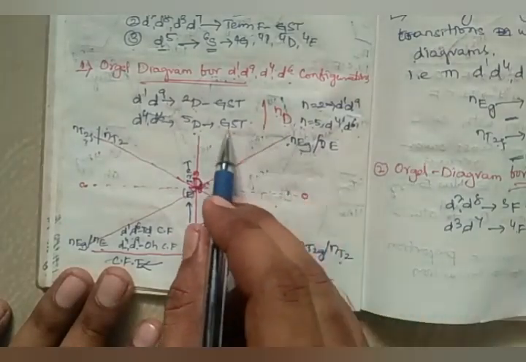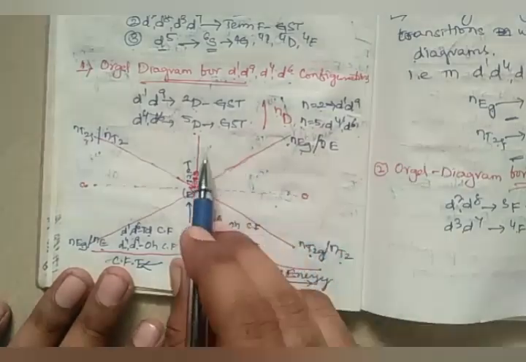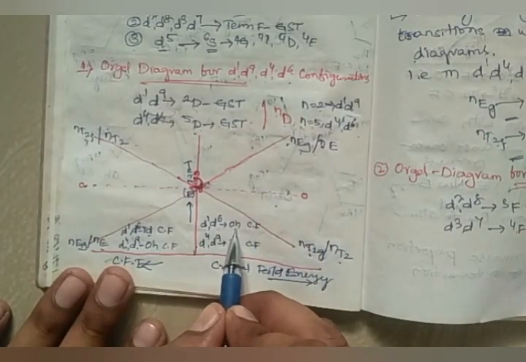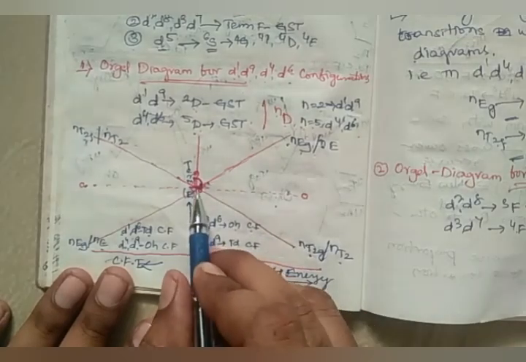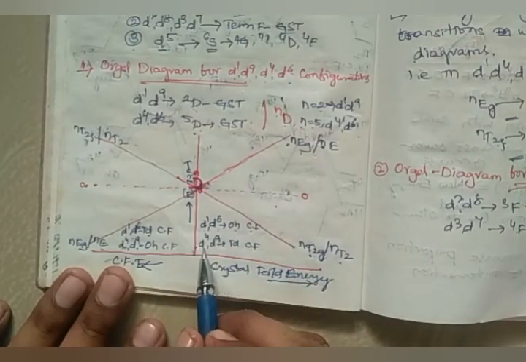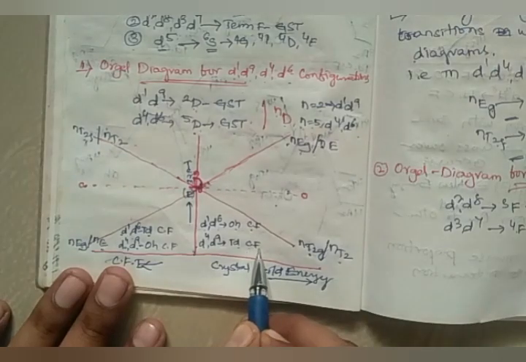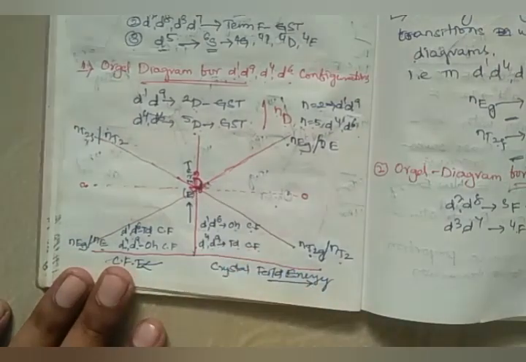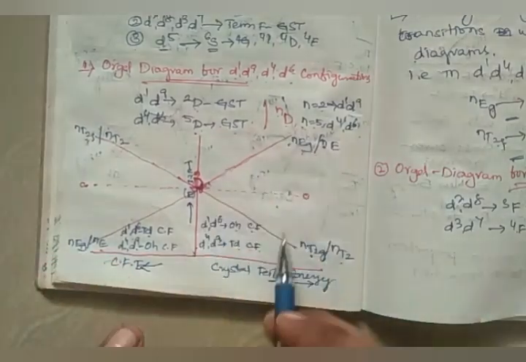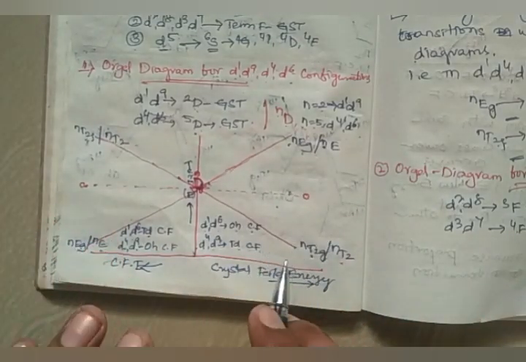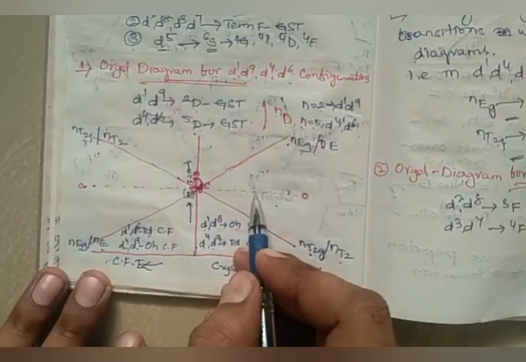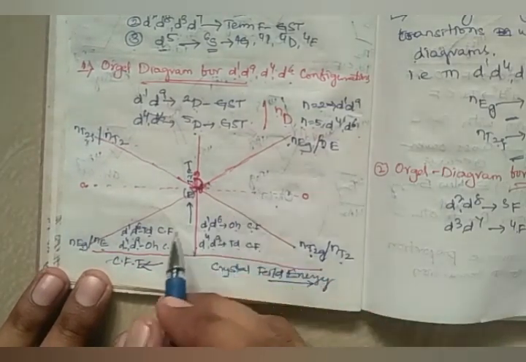The right side diagram of this half of the Orgel diagram shows the d1, d6 octahedral crystal field effect on D term, as well as the tetrahedral crystal field effect on d4, d9 configured D term, which will be explored here.